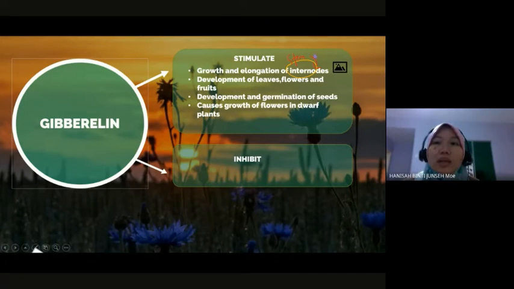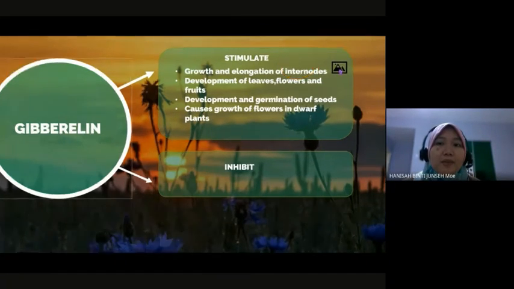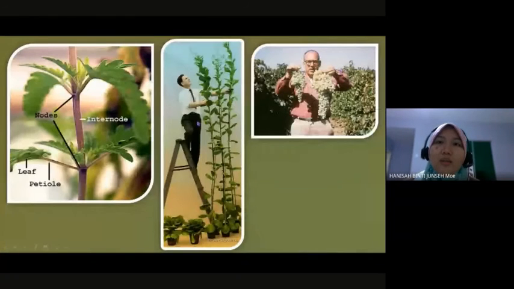Okay, let's look at this picture. Interesting about gibberellin. When we look at this picture, it will help you understand more. Here, as you can see, this is a stem. What I drew a line along, this is a stem. And on the stem, you can find nodes. Nodes is where the leaf branches out.